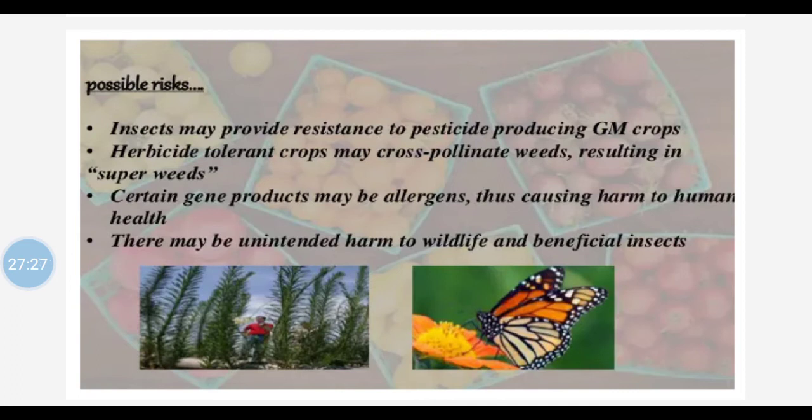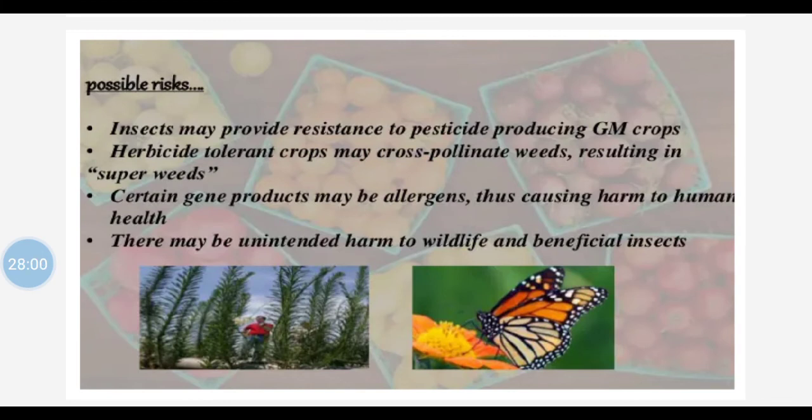When the growth of these GM crops is initiated, at the same time there may be growth of other tolerant crops, other weeds, which are not beneficial for us, and they may grow into super weeds.